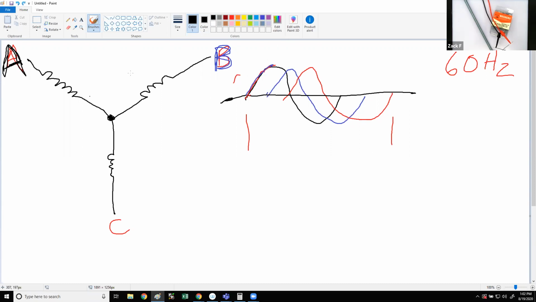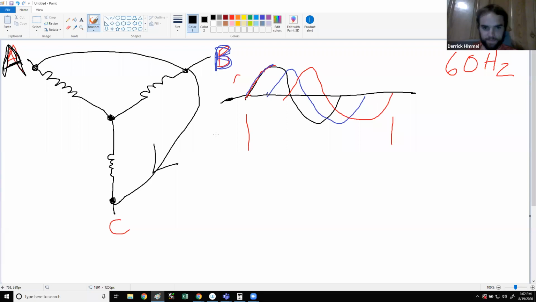So if Anthony peaks first because he's black, Ballard peaks next because he's blue, and then Connor peaks last because he's red, we are going in a clockwise direction, right? Now pick any two of these three guys. Blue and red. Okay, we're switching them.